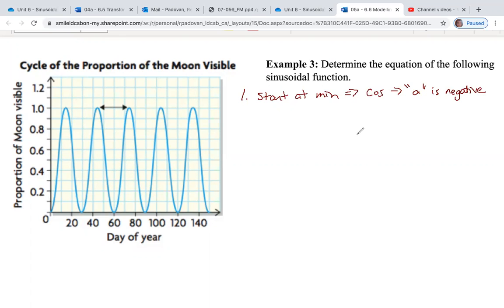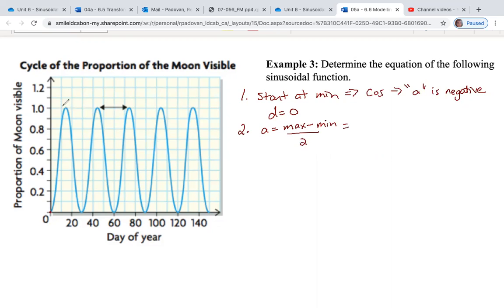So step 2 could be then figuring out, because I am starting at a minimum, I know that I have no D value, right? No horizontal phase shift, left or right, no shift. So step 2 can just be figuring out everything I know, like my amplitude, right? So I can just simply use the formula, max minus min divided by 2.